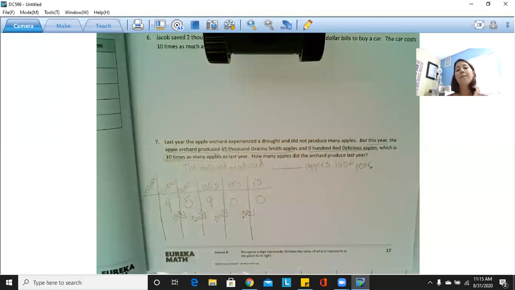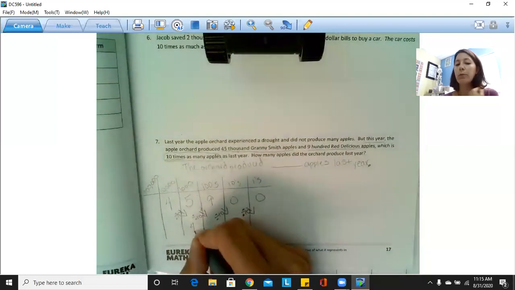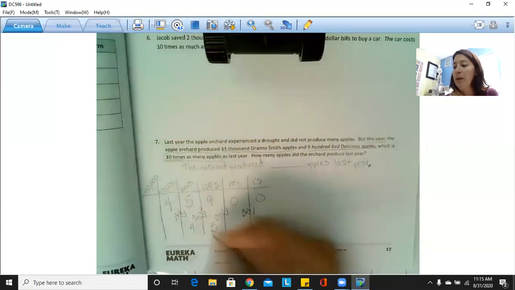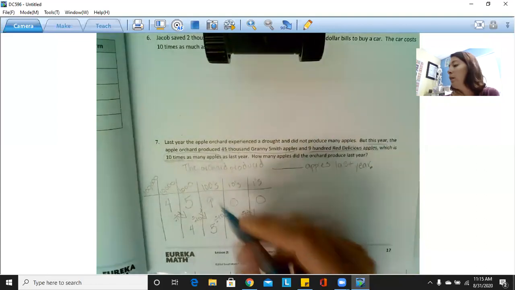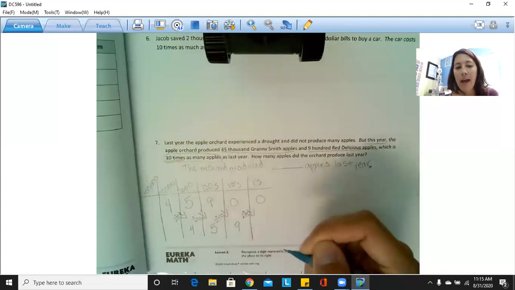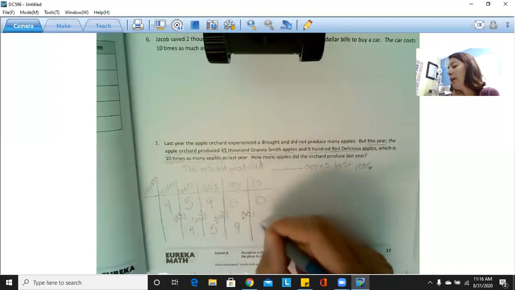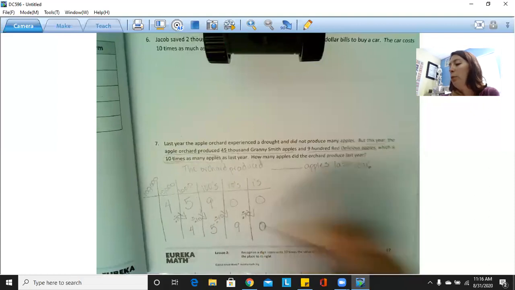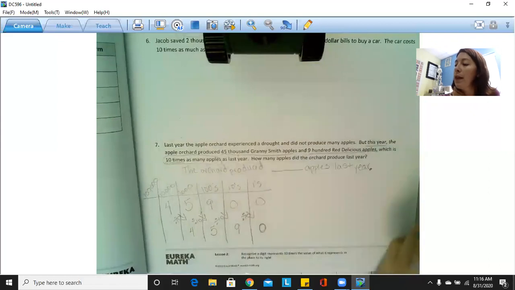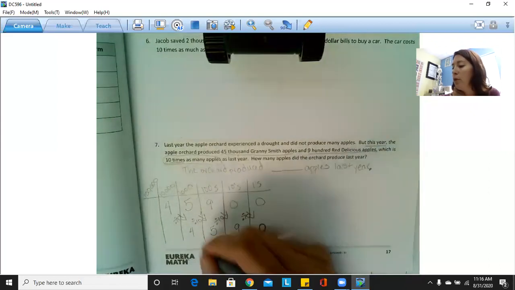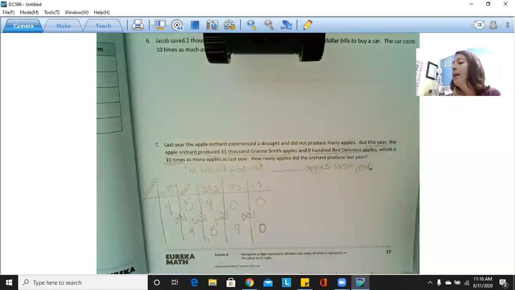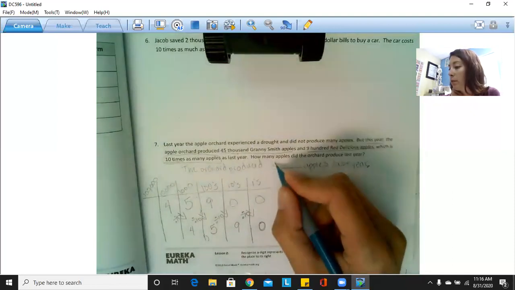So 4 10,000s becomes 4 thousands, 5 thousands becomes 5 hundreds, 9 hundreds becomes 9 tens, and then 0 tens becomes 0 ones. So last year, the apple orchard produced 4,590 apples.